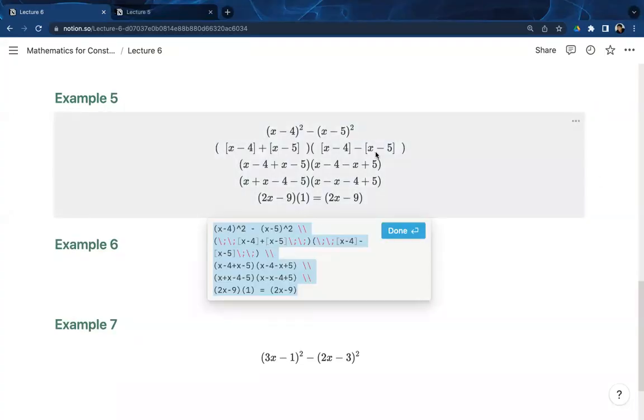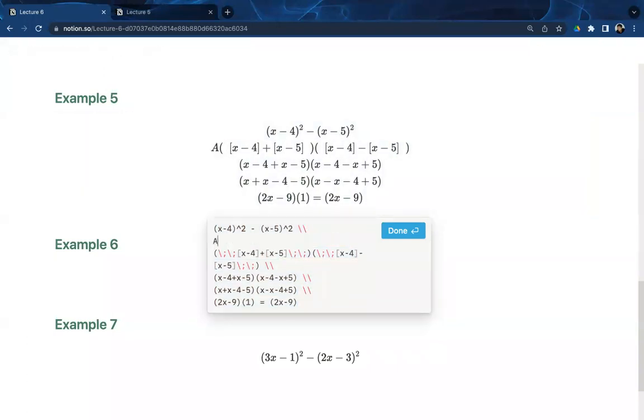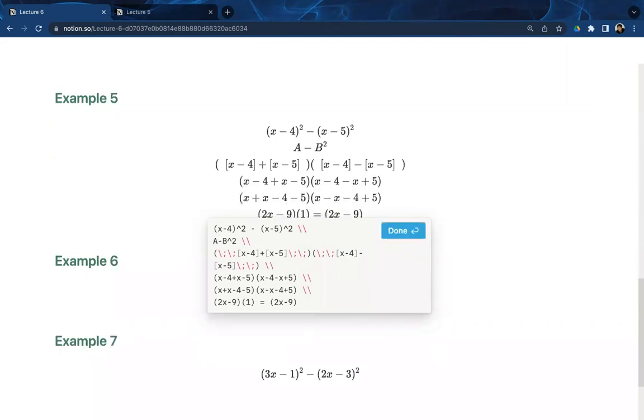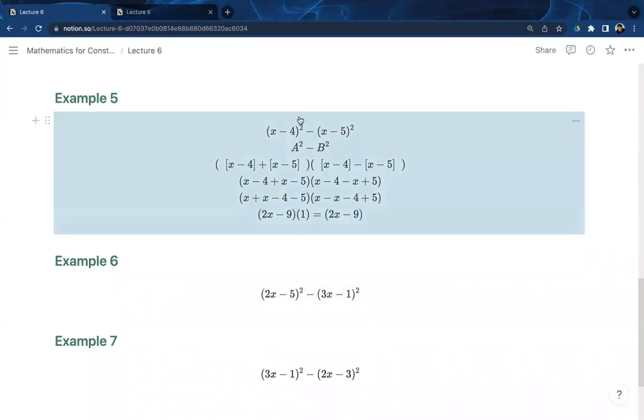Let's go over example 5, okay? I need to compare this to a squared minus b squared. If I compare what I'm given to what I need to recognize, I need to recognize a squared minus b squared.